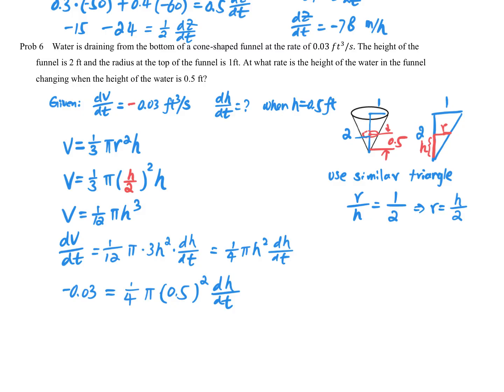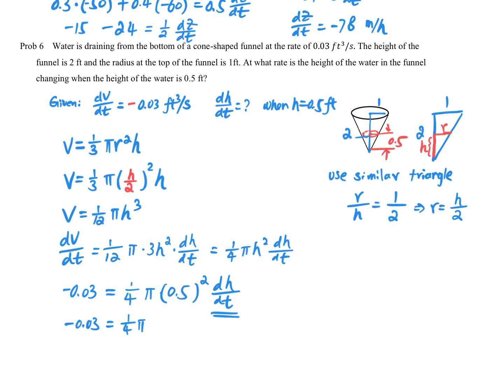And therefore, we are going to solve for dh/dt. So negative 0.03 equals 1/4 pi times, 1/2 squared is actually 1/4, right?